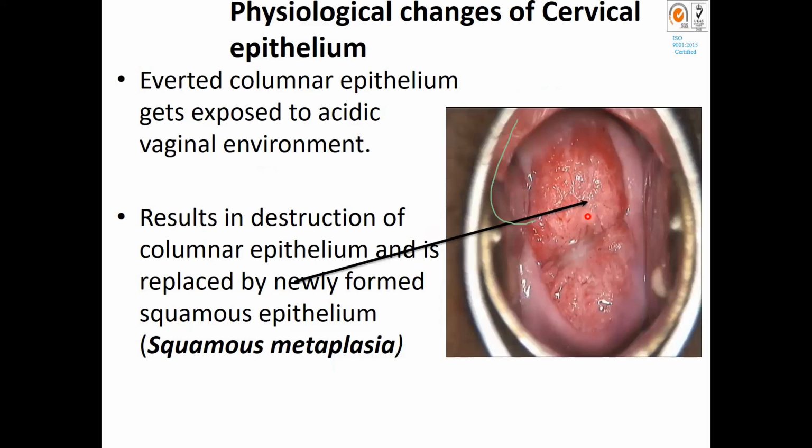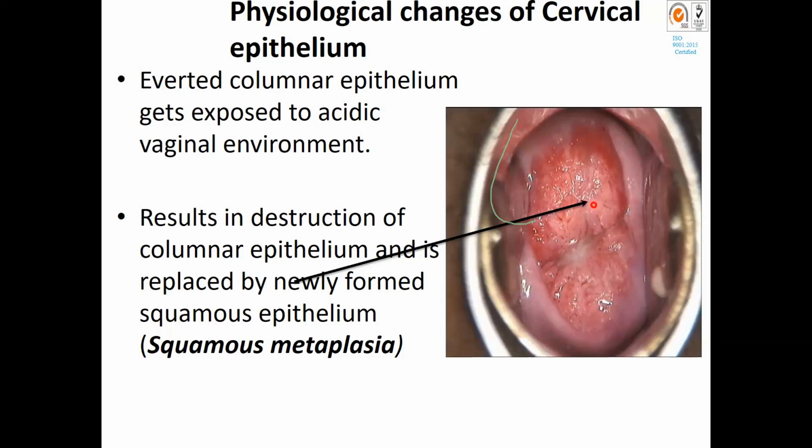So this is just a change. Then this is a normal cervix which has undergone metaplasia. As you can look at this, there was an overexposed columnar epithelium, and this is a cervix of a woman who has had some deliveries. That is why it looks like a fish mouth. And this was the columnar epithelium initially. The squamo-columnar junction is at this point.